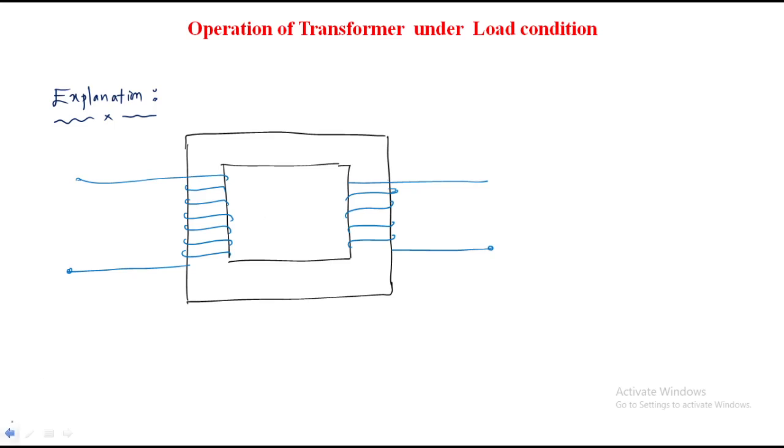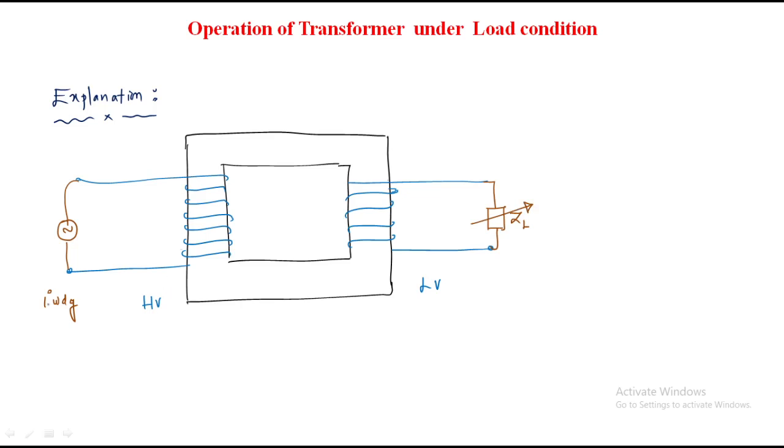Let us write, this is HV winding, this is LV winding. So for this winding I am providing a supply voltage. When there is a supply voltage, obviously that is the primary winding. When there is a load, obviously that is a variable load. So this is the circuit for the operation of transformer under load condition.